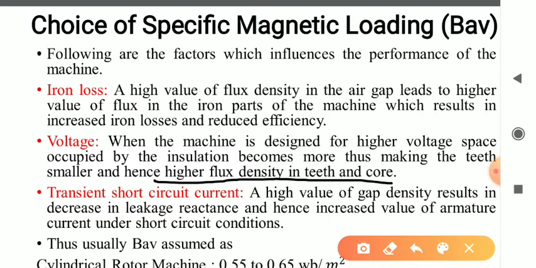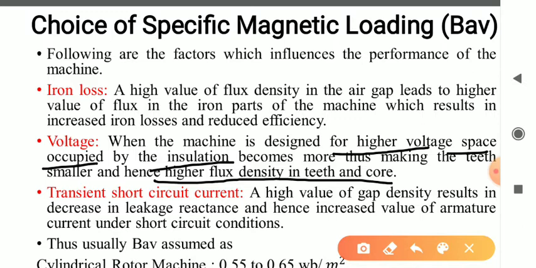And along with the high flux density, if we want to design the machine with a higher voltage, then the insulation required becomes higher, which occupies a large space. So the size and cost of the machine increase.